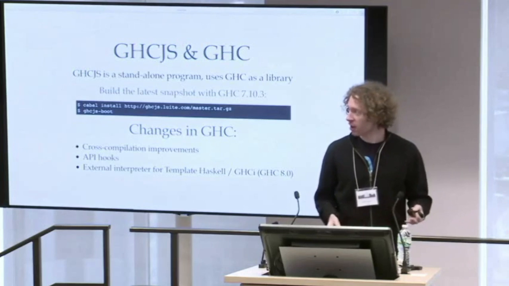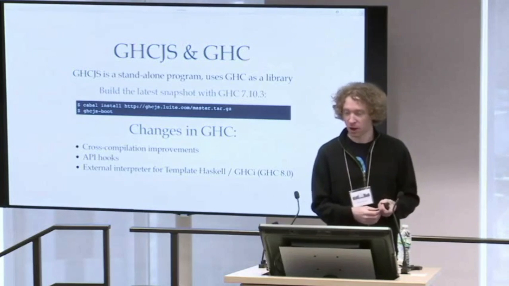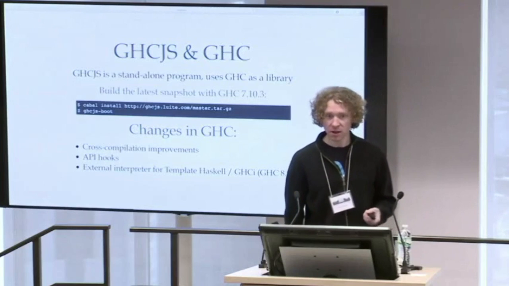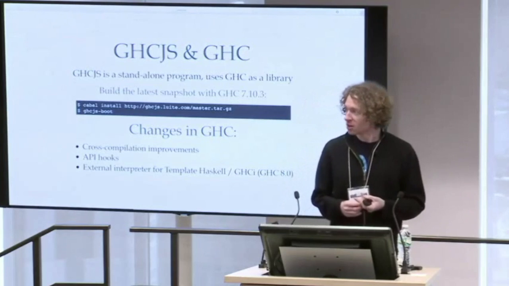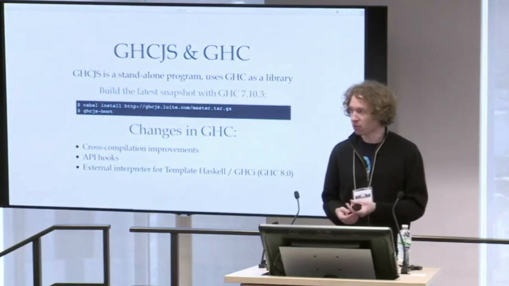GHCJS uses GHC as a library, but it wasn't really possible to use it directly out of the box, so we've had to make some changes in the library to make it possible to, say, take the STG code and have the GHCJS code generator take over from there.